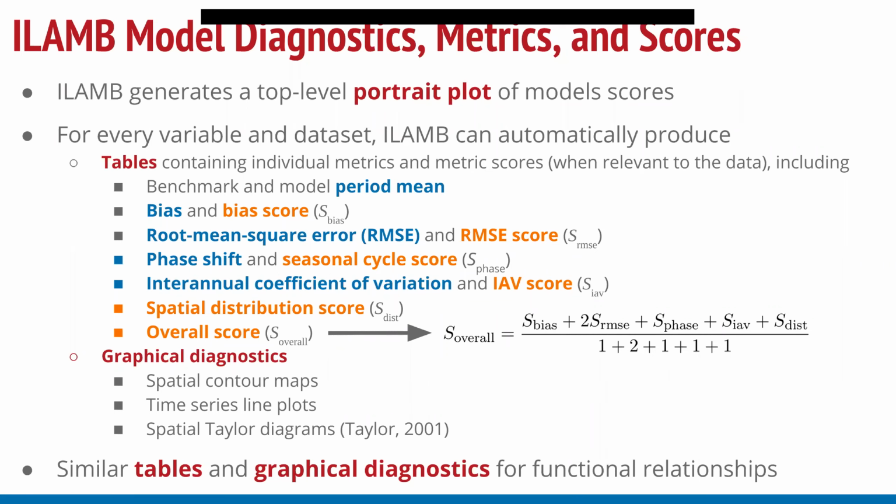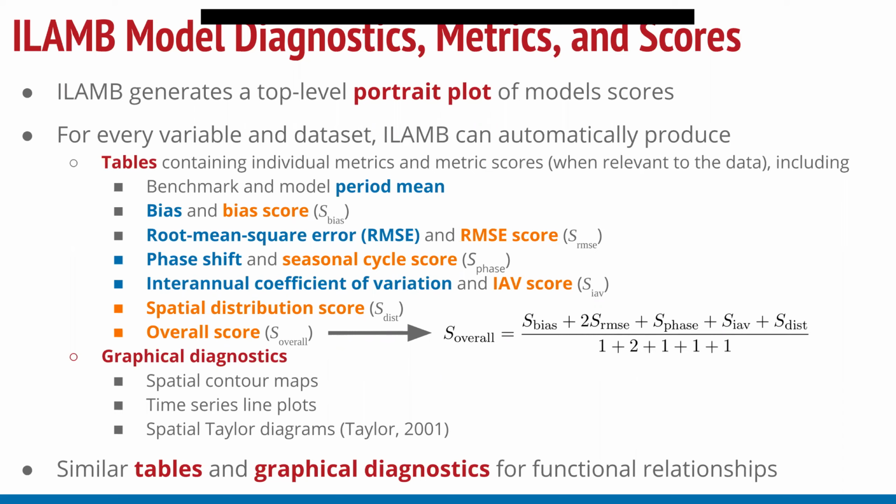It calculates a root mean square error and then scores that RMSE. It generates a phase shift metric and scores the phase shift, and an interannual coefficient of variation and scores that as interannual variability, and then looks at the spatial distribution and does a correlation. So we have a spatial distribution score.